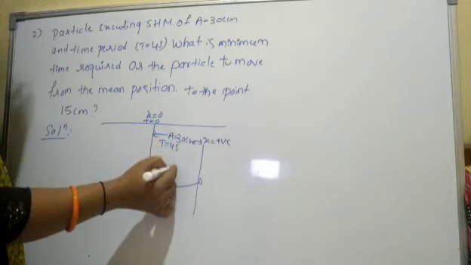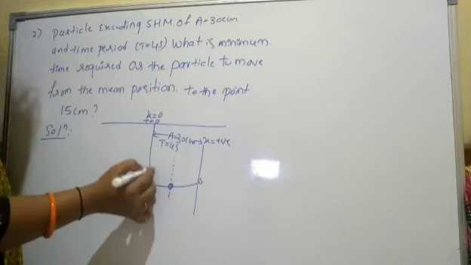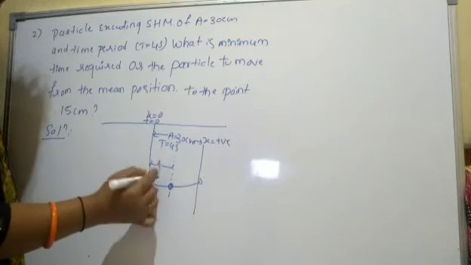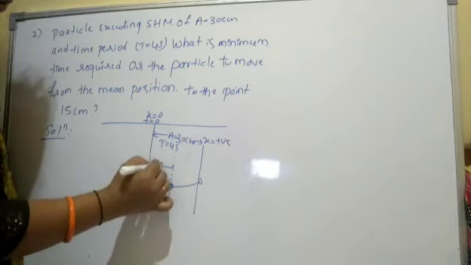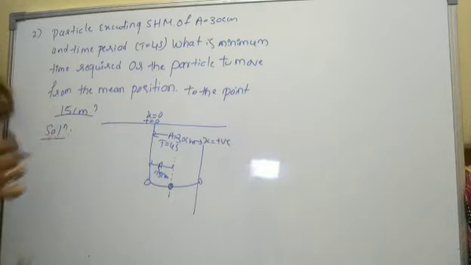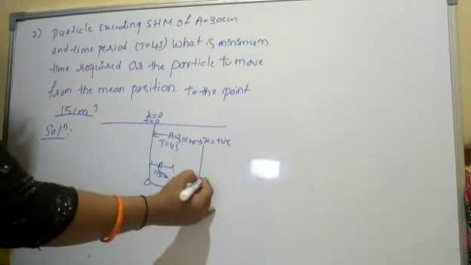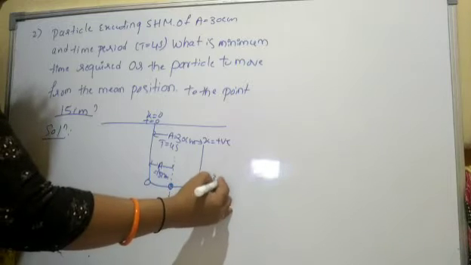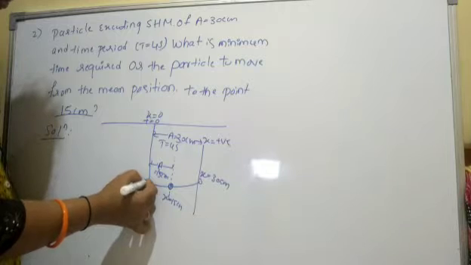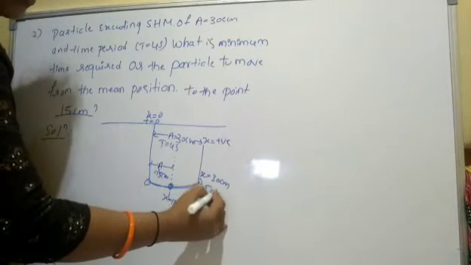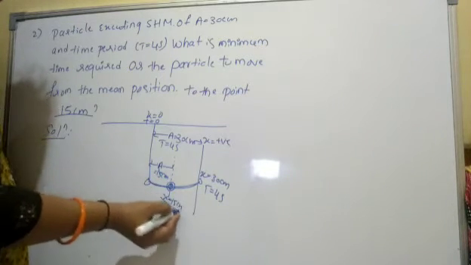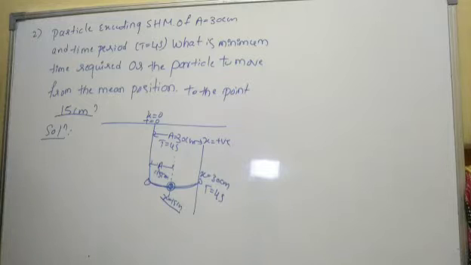So I'll take it as the center portion here. From here to here, how much time is it taking? So here x is equal to 30 centimeter, here x is equal to 15 centimeter. To reach from mean position to extreme position it takes 4 seconds. How much time will it take to reach only 15 centimeter? That was the question asked here.